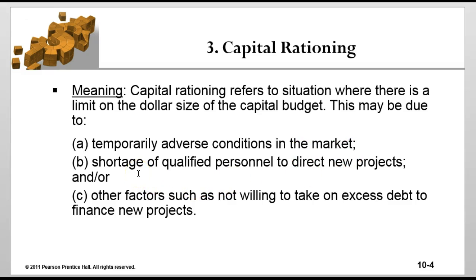Sometimes this constraint of dollar size, or the amount that we have for the capital budget, may also be contingent on a shortage of qualified personnel. And we may have to take on debt to do a project, and the company or the officers or even the stockholders may not be willing to do that. So that kind of constrains how much money we have to put in that capital budget, which is also a good thing in a way because then we're very cautious with what project we do.